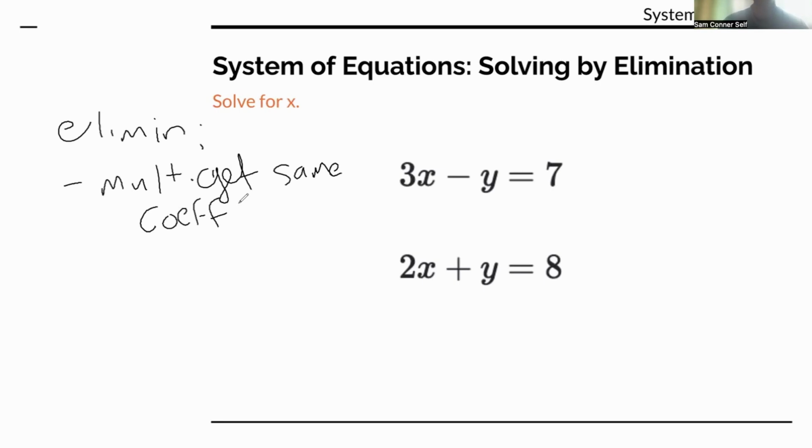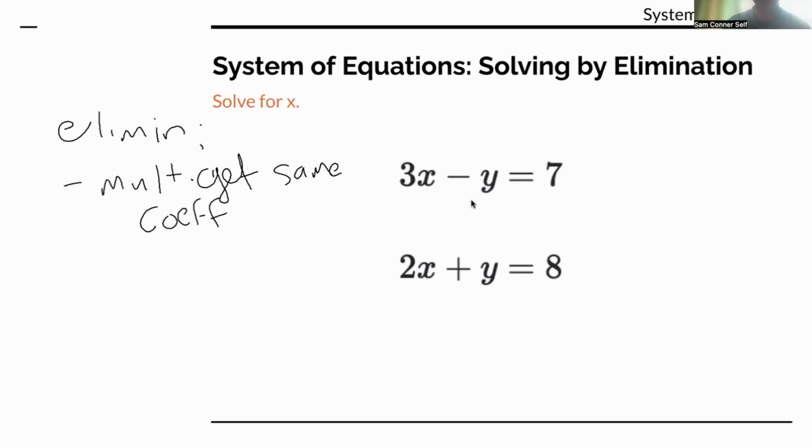So on a lot of these systems of equation questions, when you solve using elimination, the SAT is going to make you do that multiplication to get the same coefficients on the terms.